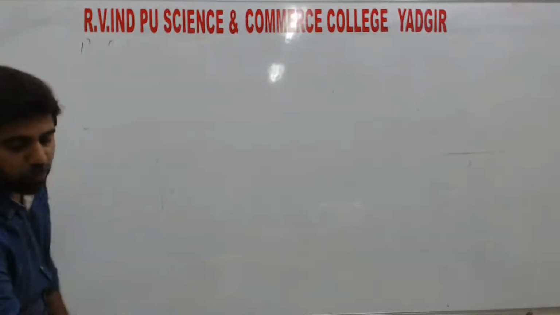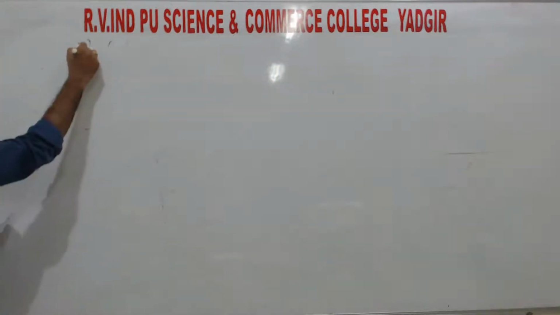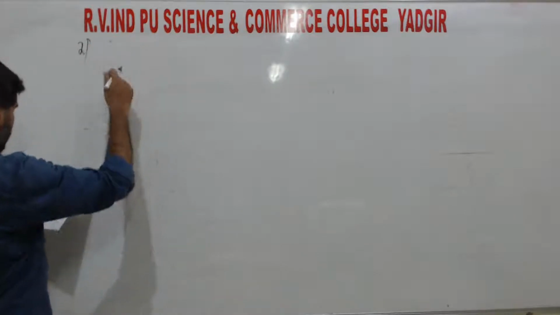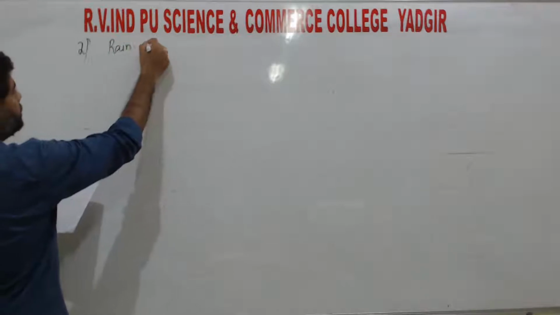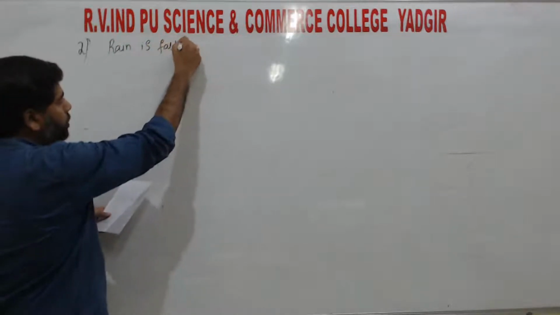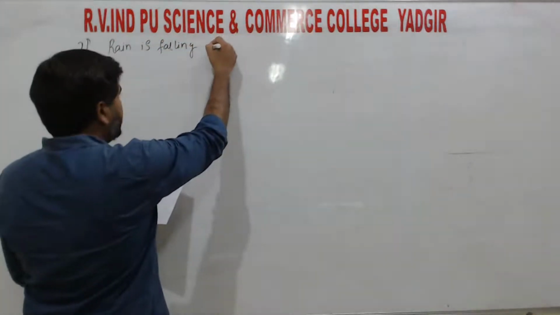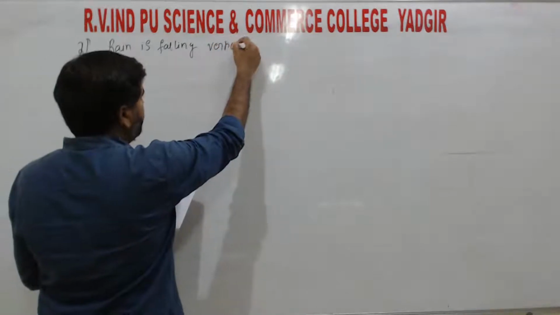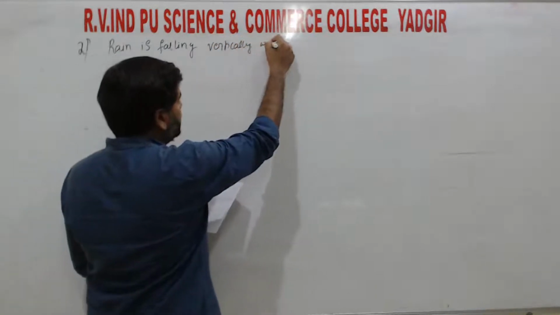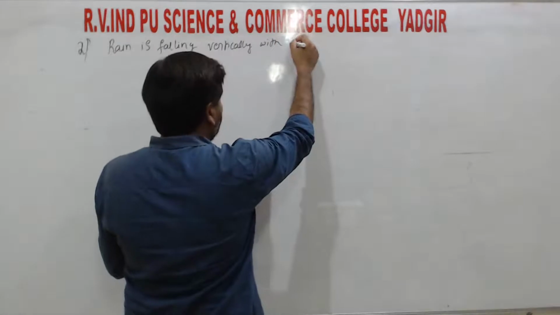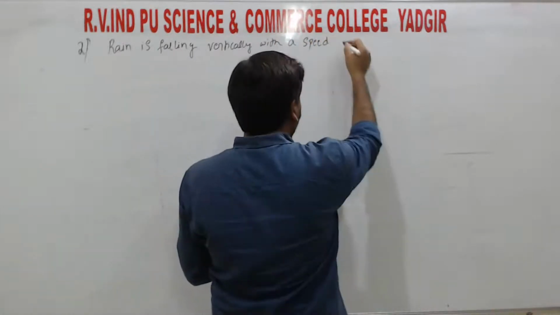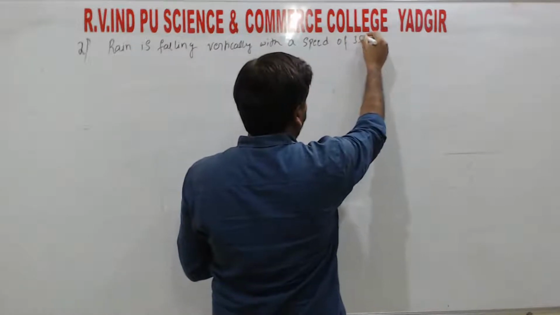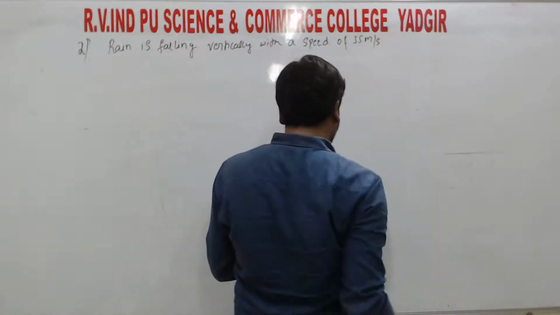Take the next problem. So the problem is based on relative velocity, right? So rain is falling vertically with a speed of 35 meter per second.